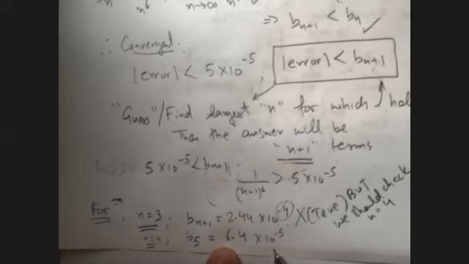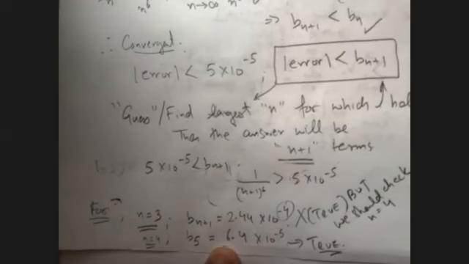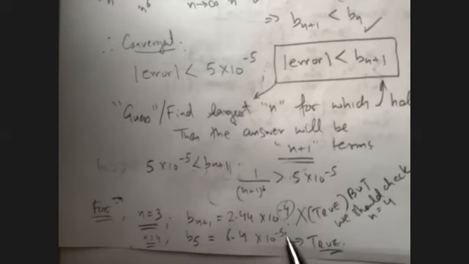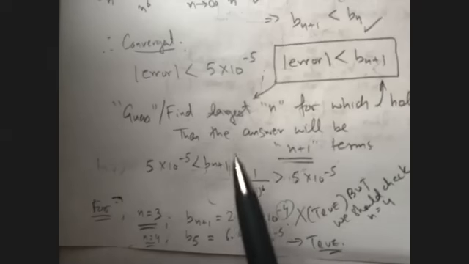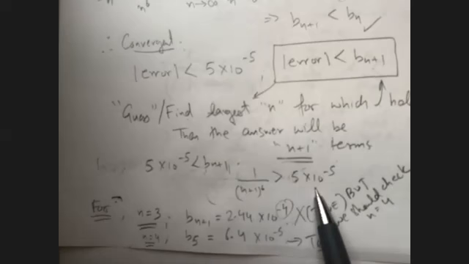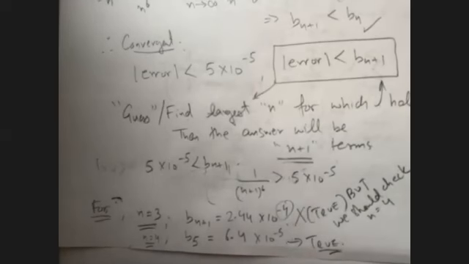So now when n is 4, you get B5 as this. This is true. So both are true, but we're looking for the largest n for which this is true. So here 6.4 times 10 to the negative 5 is greater than 5 times 10 to the negative 5. So it means n should be 4 and terms should be 5.